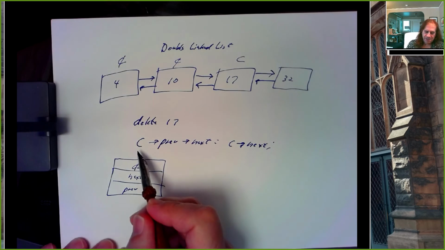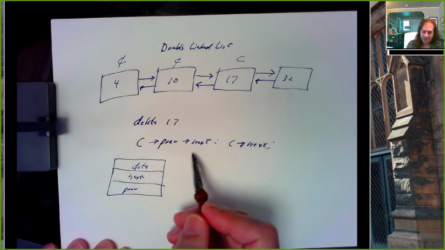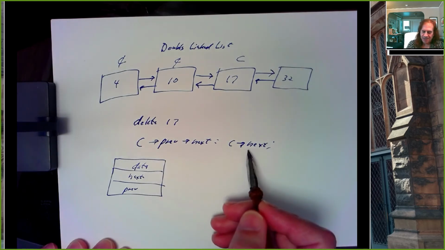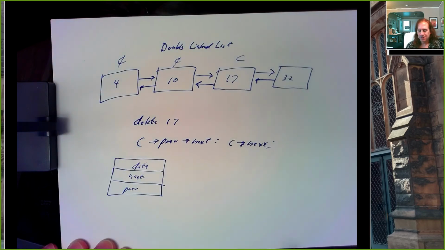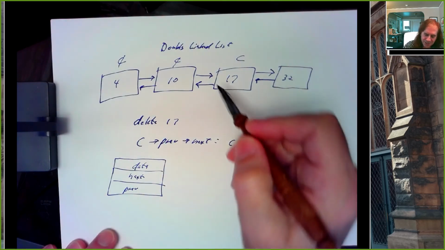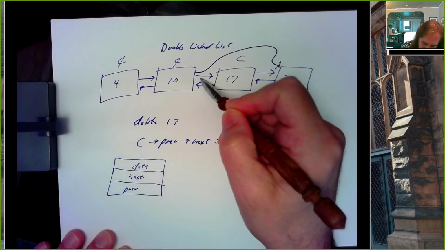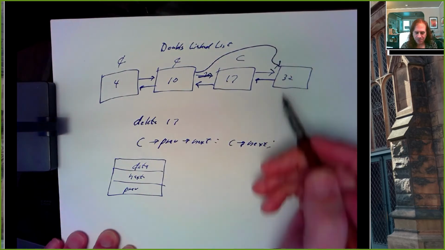And this says take the current node, follow it to the previous node, that's this block, take that thing's next field, that's this block, and set that equal to whatever current next is. And then you also need to adjust, so that changes this to point to that.